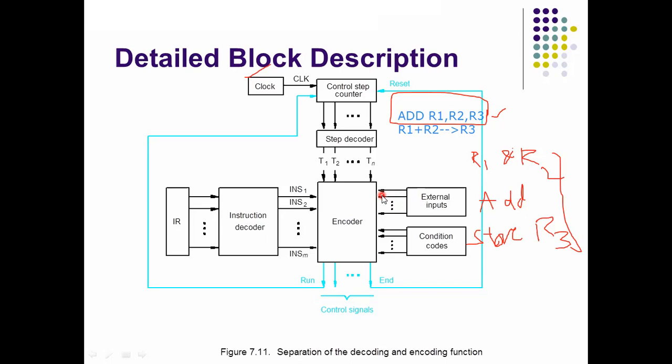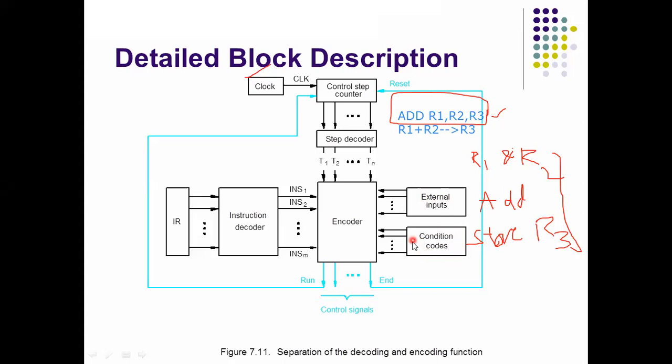That is called the interrupt. It breaks the normal sequential flow of the program. Like that, if any MFC signals or external interrupts are there, those are given using these external inputs.